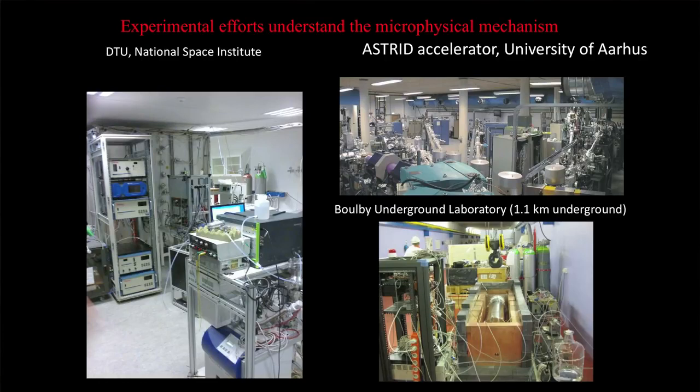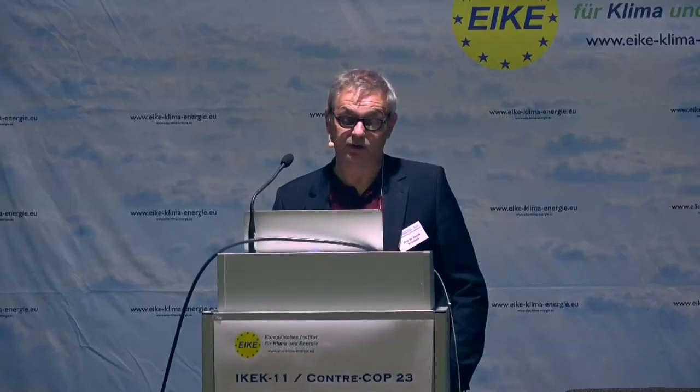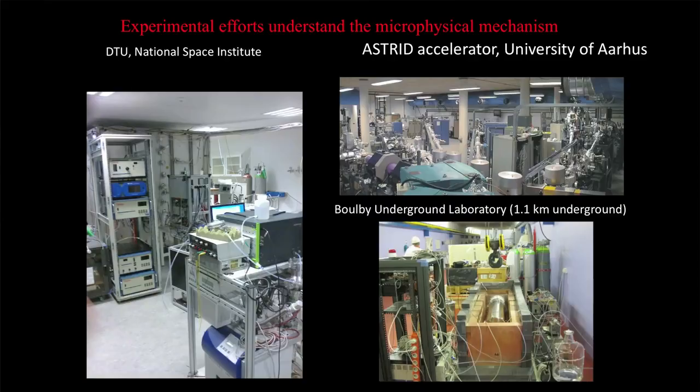So we tested the effect of having very high energy particles. Here we are using gamma rays. And finally, we had an experiment where we were 1.1 kilometers underground. The reason why we go so far below ground was to exclude cosmic rays from the experiment. So we had complete control over this situation.